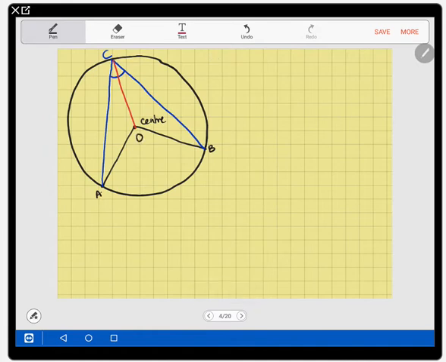We know that AO is equal to OB is equal to OC, right? Which is equal to the radius.